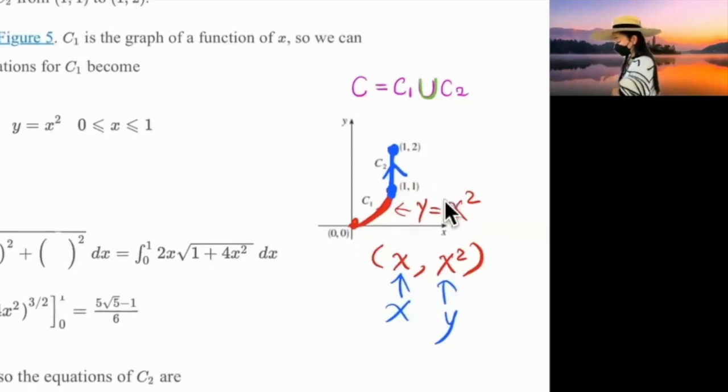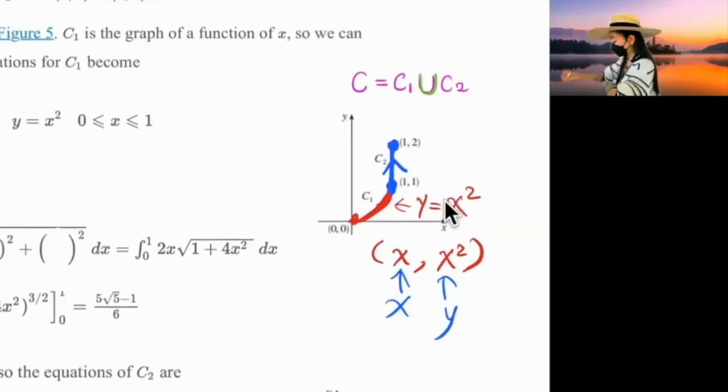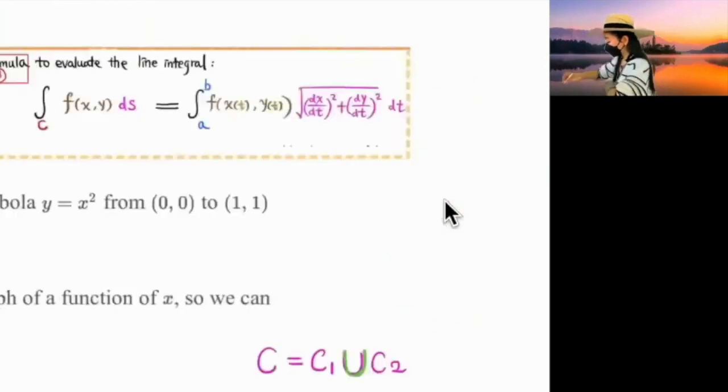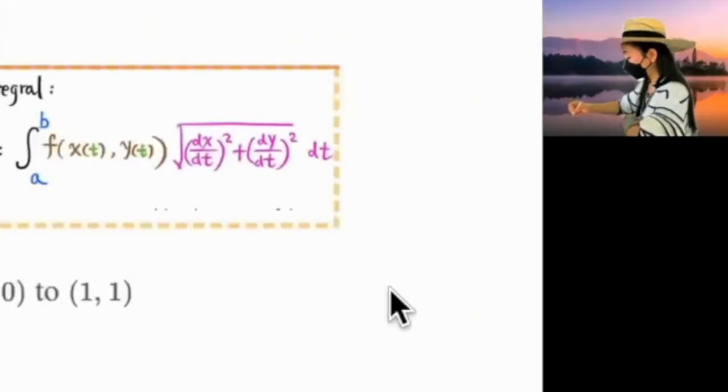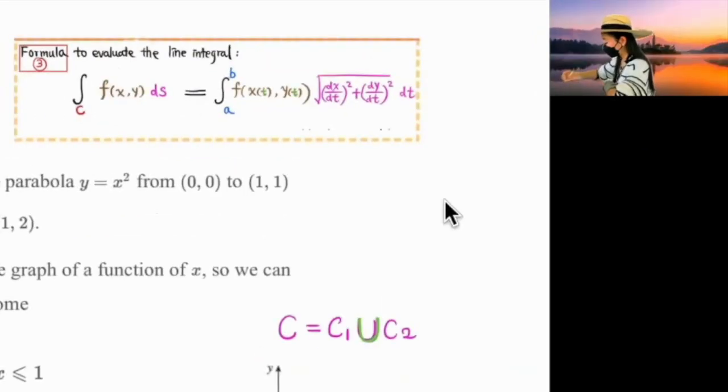Once you have this, just like before, we first figure out ds. ds is the square root of dx/dt squared plus dy/dt squared, times dt. But this time we're going to have an x. So what should I have?